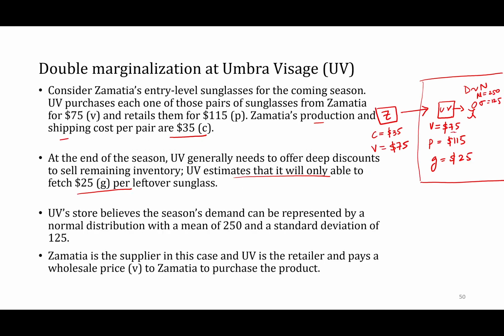So UV should be ordering 234 from Zematia.